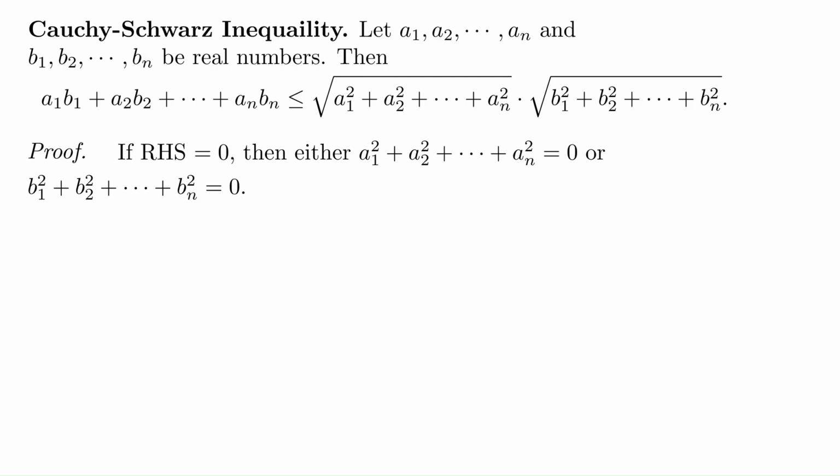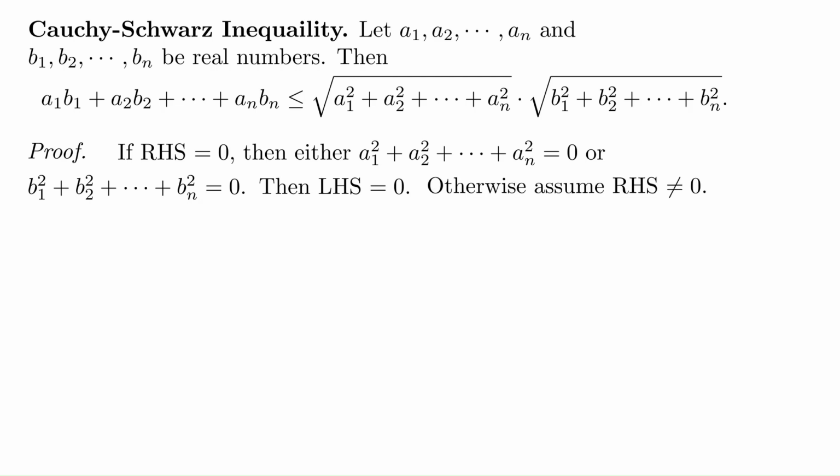A trivial situation is when the right-hand side equals 0. Then either a1 squared plus a2 squared plus up to an squared equals 0, or b1 squared plus b2 squared plus up to bn squared equals 0, which means either a1, a2 up to an are all 0, or b1, b2 up to bn are all 0. In either case, the left-hand side is 0.